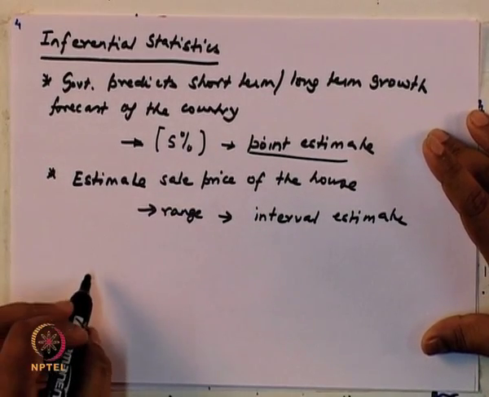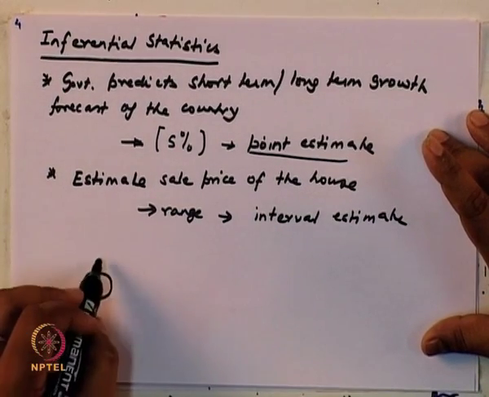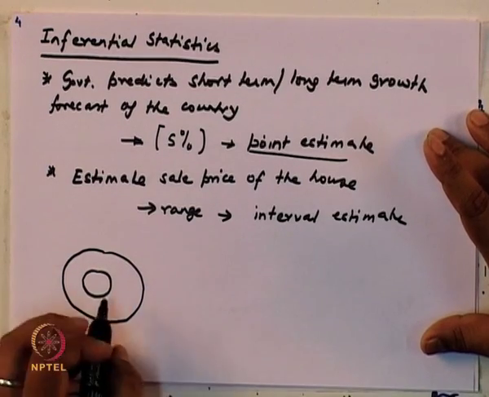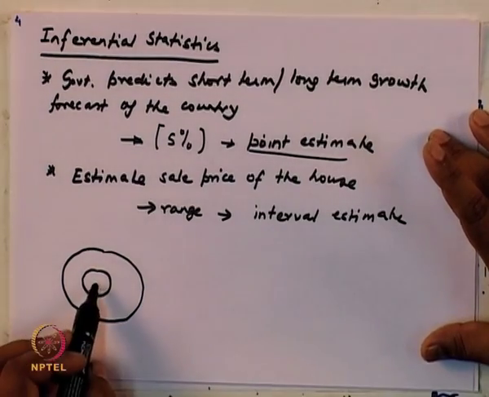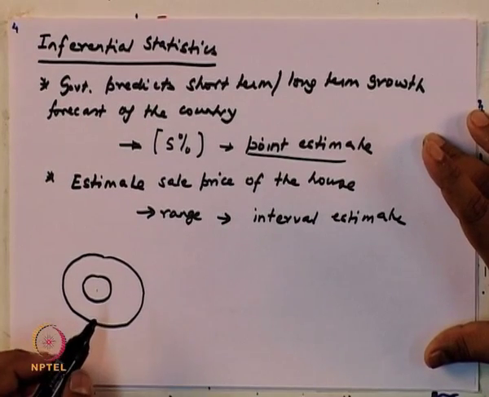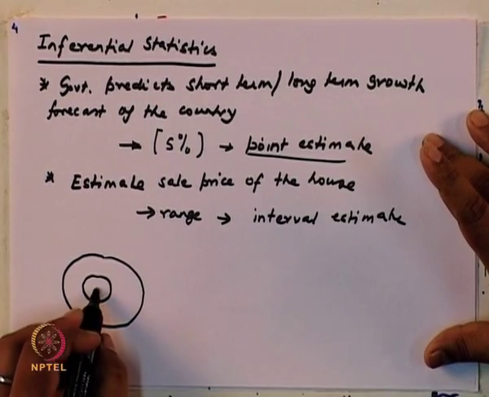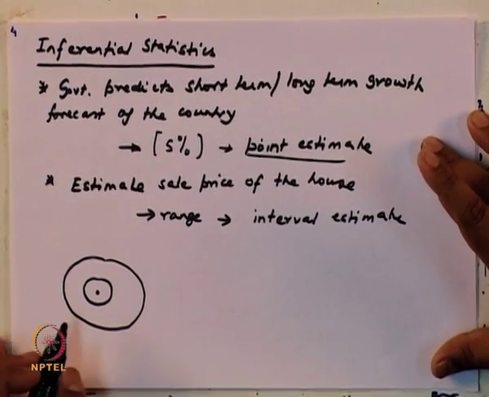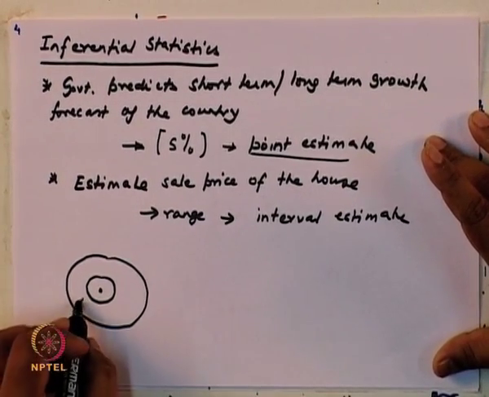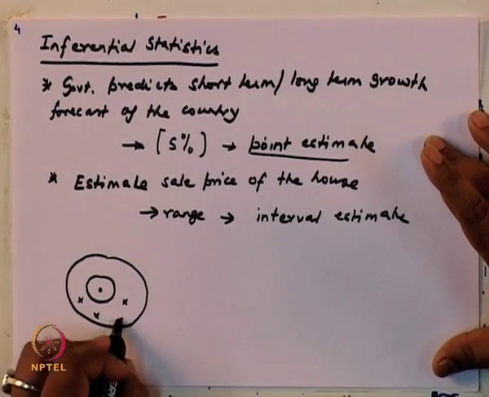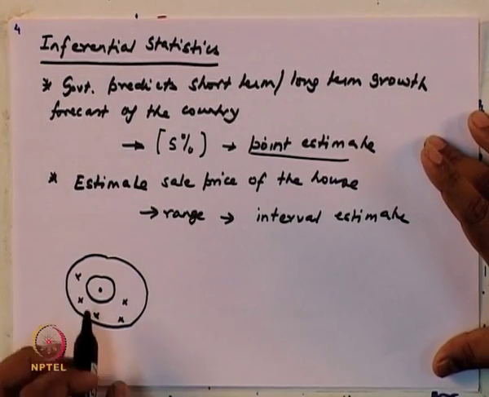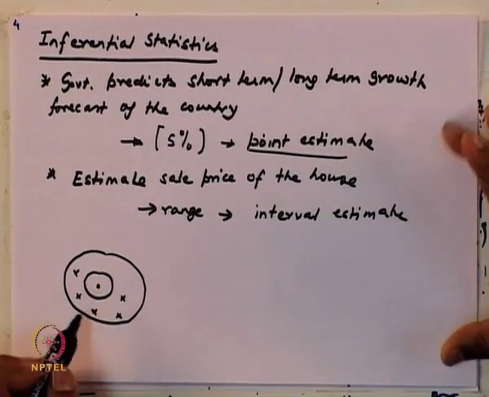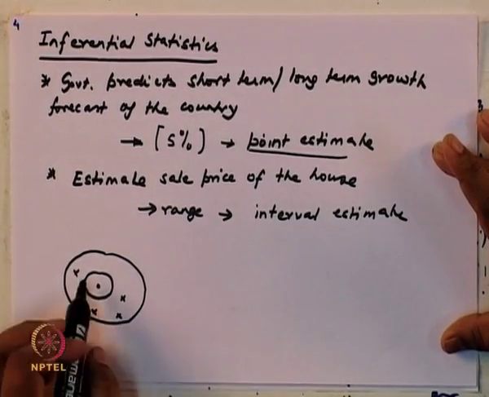Imagine you have a dartboard. This is the true value of what you want. You want to hit the bullseye or the center point, but when you get the sample data, or you hit the board many times, repeatedly throwing, this is how you are getting your points. So these are estimates of the bullseye.